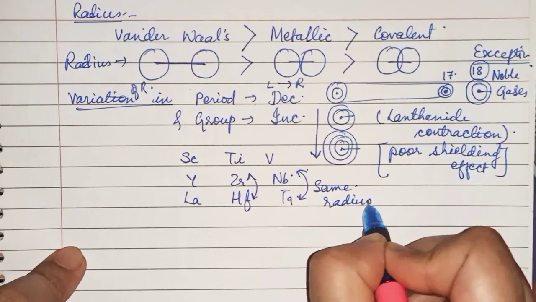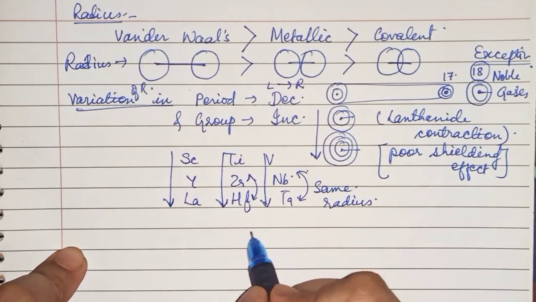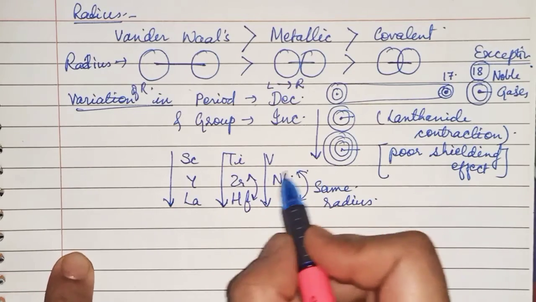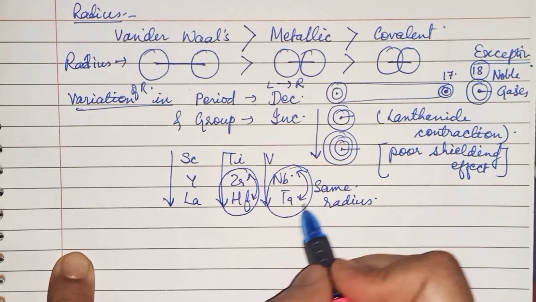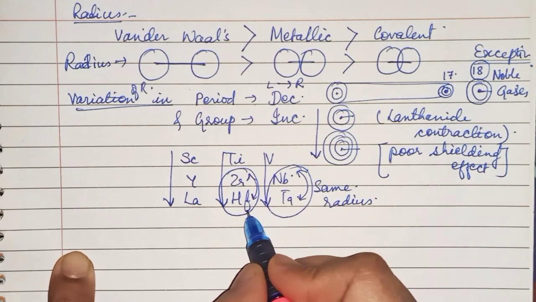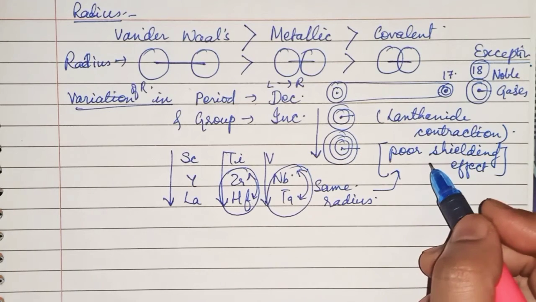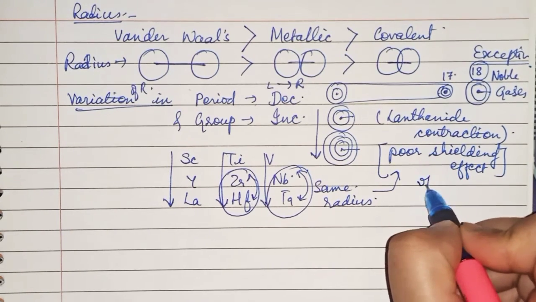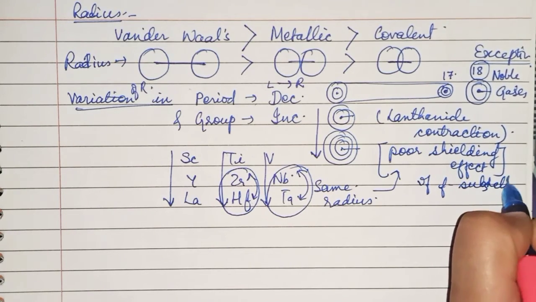Why is it the same? Because if you are moving down, the number of shells is increasing. So there will be an increase in the radius, but in these cases the radius is almost the same. Why is it the same? Due to this lanthanide contraction or poor shielding effect of the f subshell. Okay.